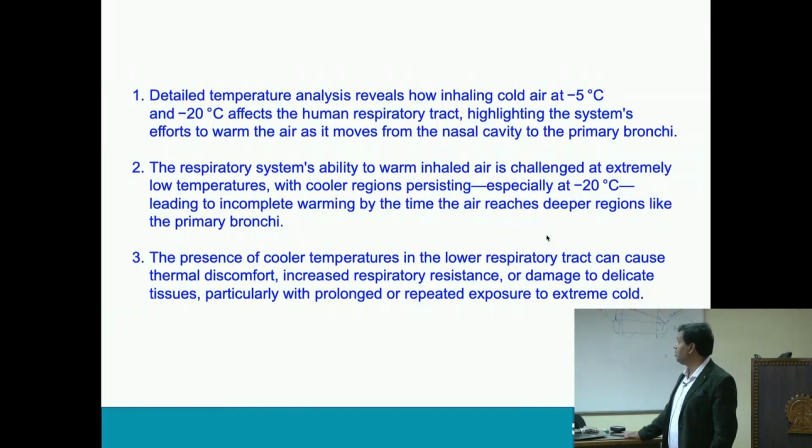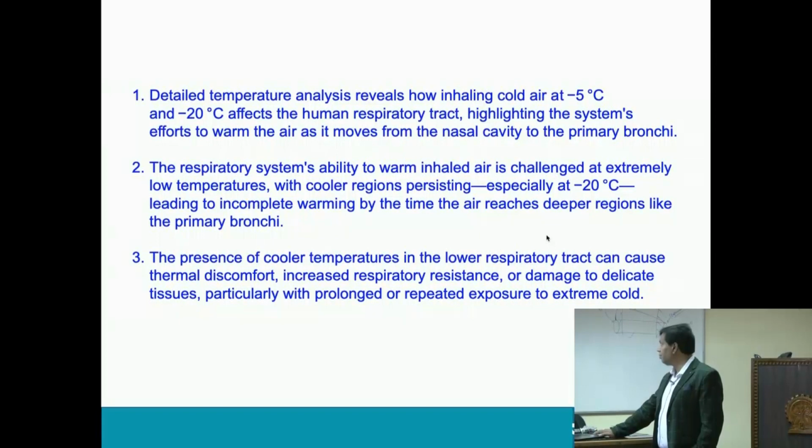So the respiratory system's ability to warm inhaled air is challenged at extremely low temperatures with cooler regions, especially at minus 20 degrees Celsius, leading to incomplete warming by the time the air reaches deeper regions like the primary bronchi, and that can actually have effects. Okay. So the presence of cooler temperature in the lower respiratory tract can cause thermal discomfort, increase the respiratory resistance, or damage the delicate tissues, particularly with prolonged or repeated exposure to extreme cold.